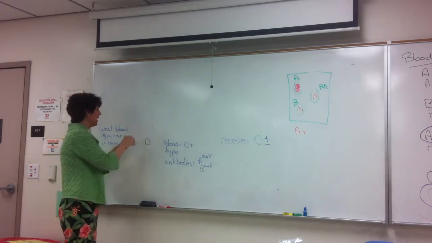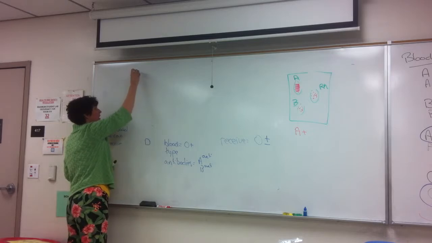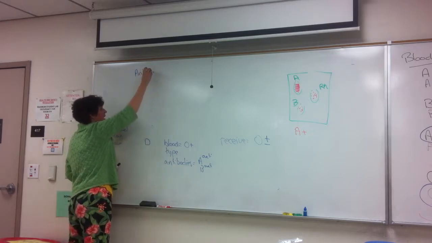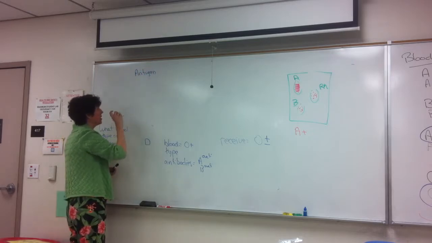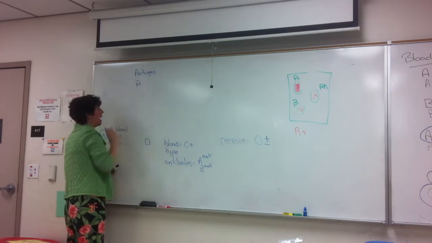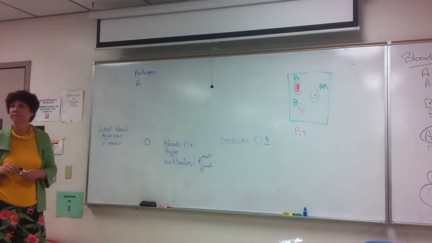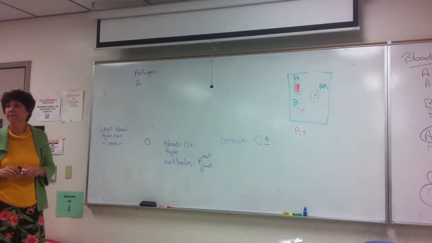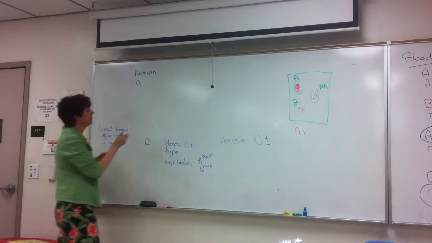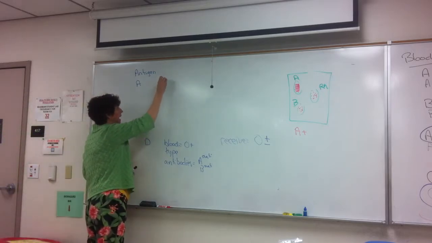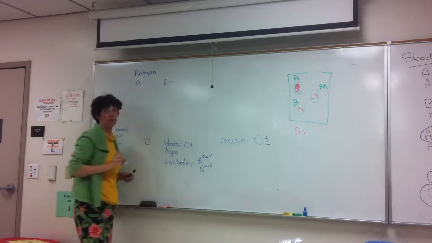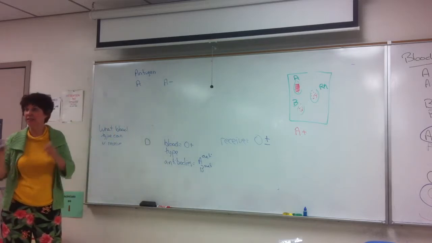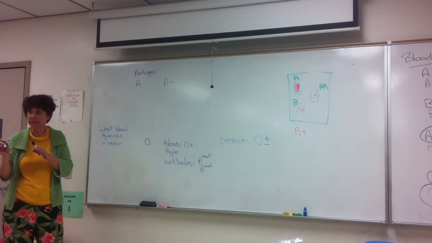All right, so now let's say that you have the antigen A in your blood. So what's your blood type? A negative, because you don't have the D antigen. Did everybody follow along with that?